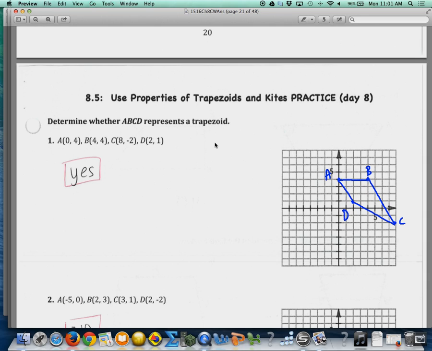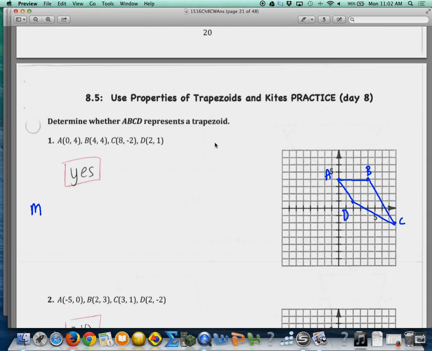Okay, so determine whether ABCD represents a trapezoid. So what are you going to have to do from here? What is the definition of a trapezoid? One pair of opposite sides are parallel. How can you tell parallel? Slope. So right now, how many slopes do I have to do?